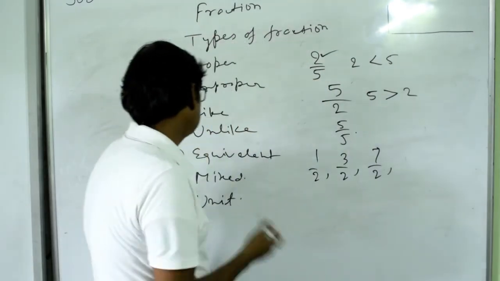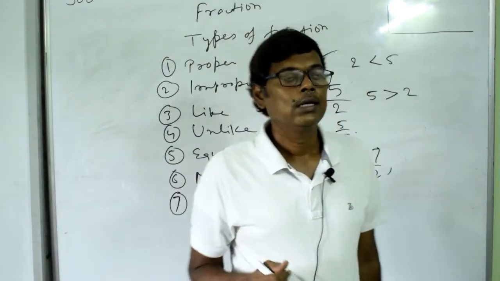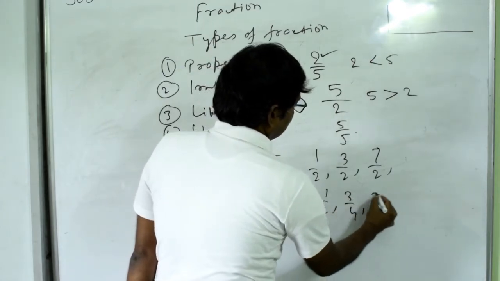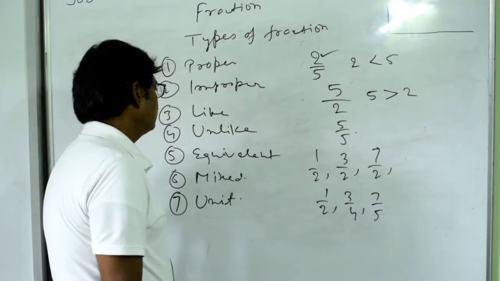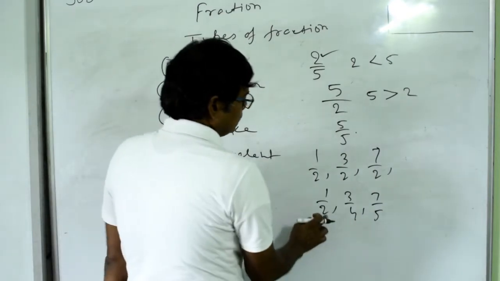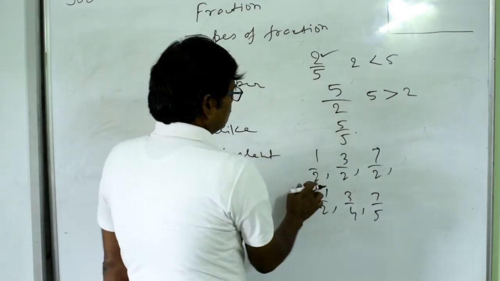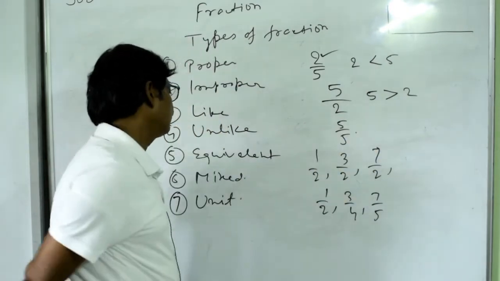Unlike means they have different denominators, for example 1 by 2, 3 by 4, 7 by 5, etc. These are examples of unlike fractions, because here the denominators are different, but in the earlier ones the denominators are equal, so those are like fractions.